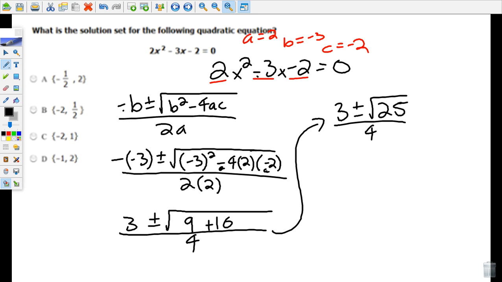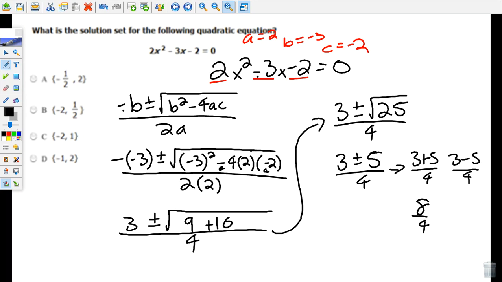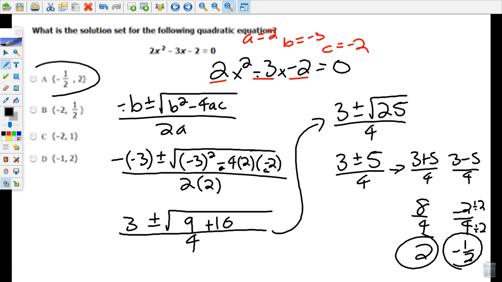The square root of 25 is just 5, so we'll have 3 plus minus 5 over 4, which you can break into two fractions: 3 plus 5 over 4, and 3 minus 5 over 4. 3 plus 5 is 8, and 3 minus 5 is negative 2. So 8 divided by 4 is 2. And negative 2 divided by 4 is negative 1 half, because you can reduce both by 2, making it negative 1 over 2. So we have 2 and negative 1 half, which is A.